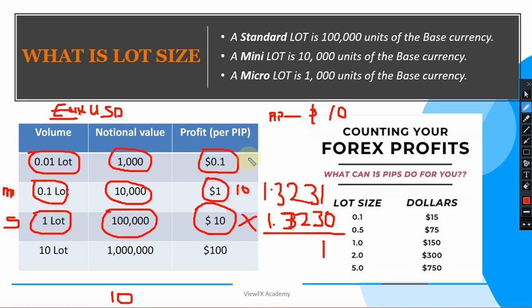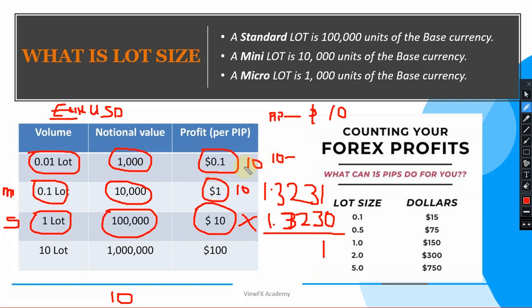But if you have $10 and you're trading micro lot size, 10 pips against you will be minus $1. That is how it is.